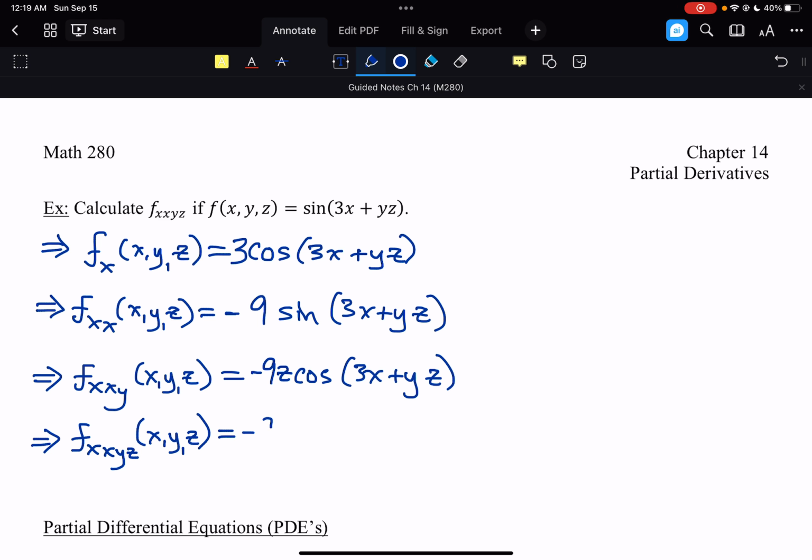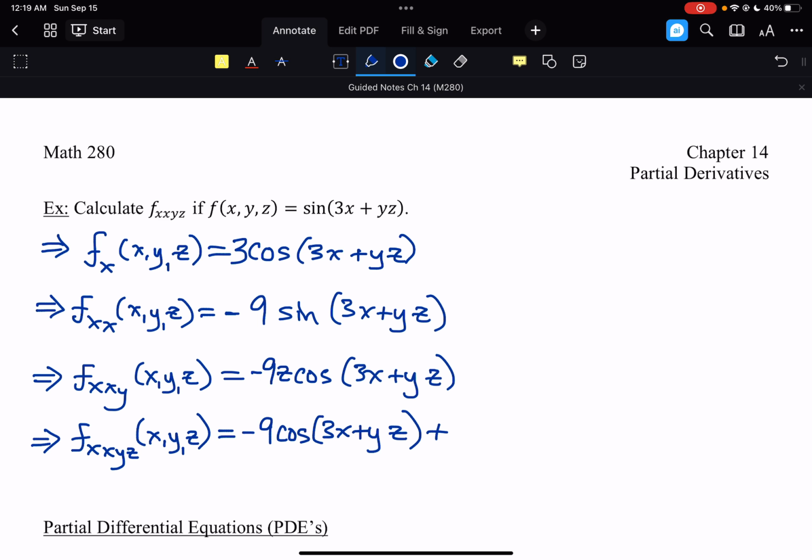So we'll get negative 9z derivative of the cosine. Excuse me, I said derivative of the first times the second. So we took the derivative of the z, it was 1. So we're just left with the negative 9 and the cosine.